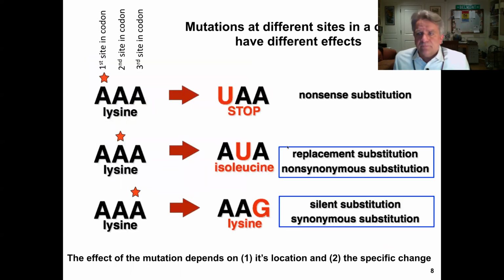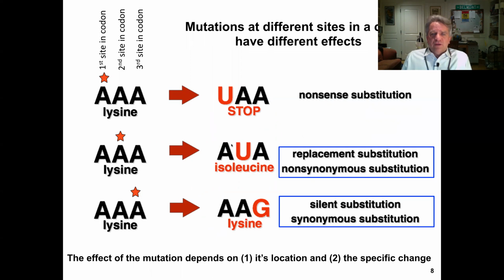Okay, well, if you were thinking about the redundancy of the genetic code as to why there would be more nucleotide than amino acid substitutions, you're exactly right. And we've talked about this before, where mutations at different sites in the protein coding DNA sequences have different effects.